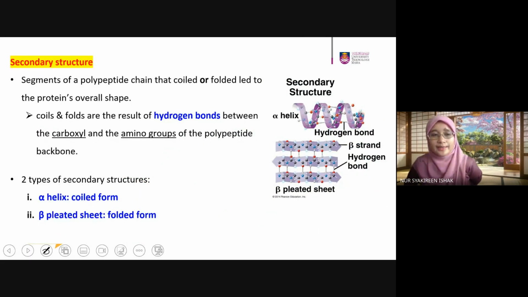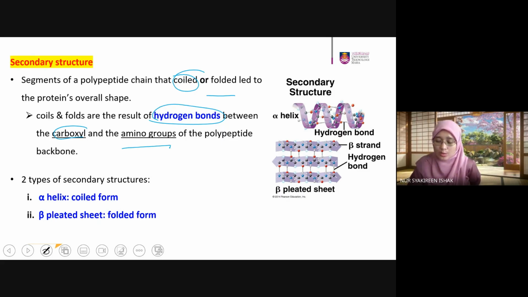Okay. So second, the secondary structure is a segment of a polypeptide chain that is coiled or folded, leading to the protein's overall shape. Coils and folds are the results of hydrogen bonds between the carboxyl and amino groups of the polypeptide backbone.